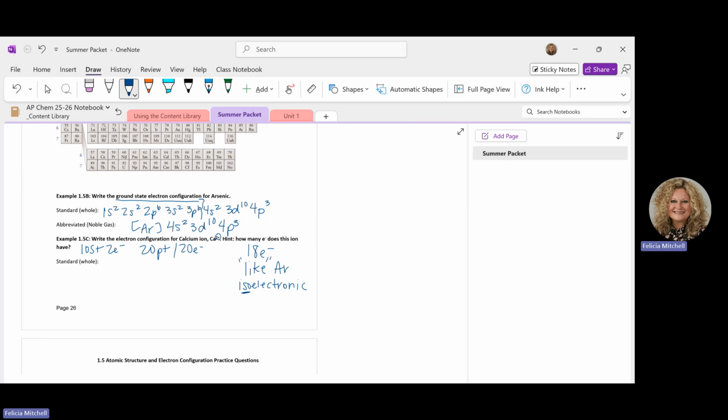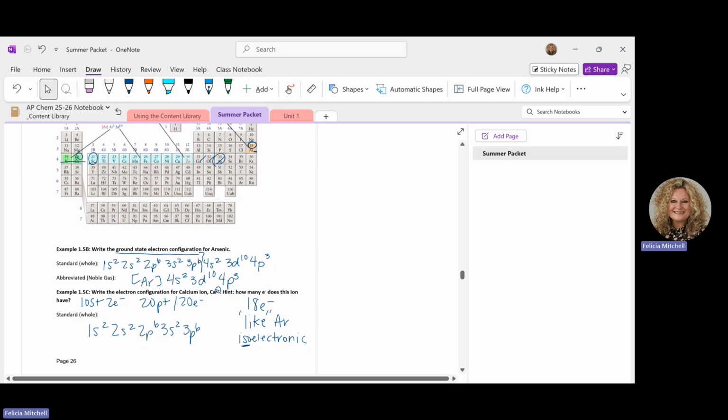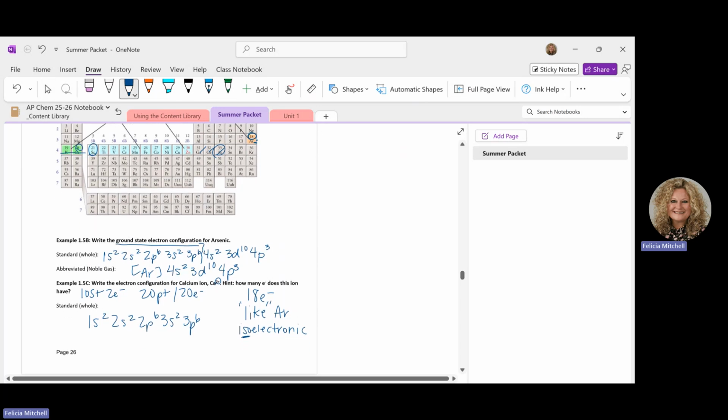That's why calcium takes a 2+ charge, so he can have that full outer valence shell of 8 electrons. So you're going to just write 1s2, 2s2, 2p6, 3s2, 3p6. You're going to finish right here on the 3rd row at p6 with argon, 18 electrons.